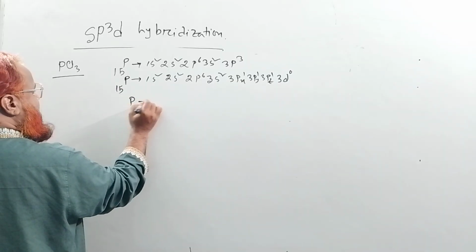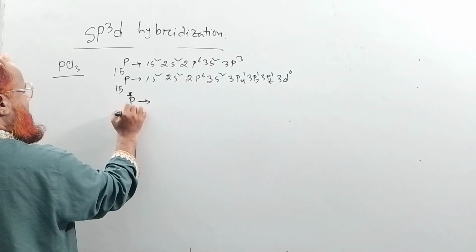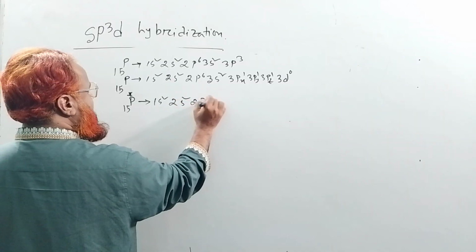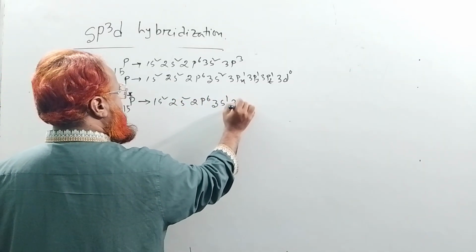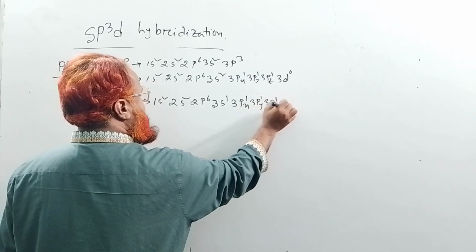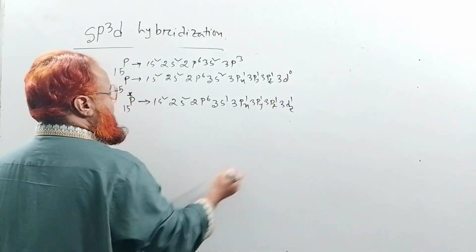So at the excited state: 1s2, 2s2, 2p6 and 3s1, 3px1, 3py1, 3pz1 and 3dz square 1.